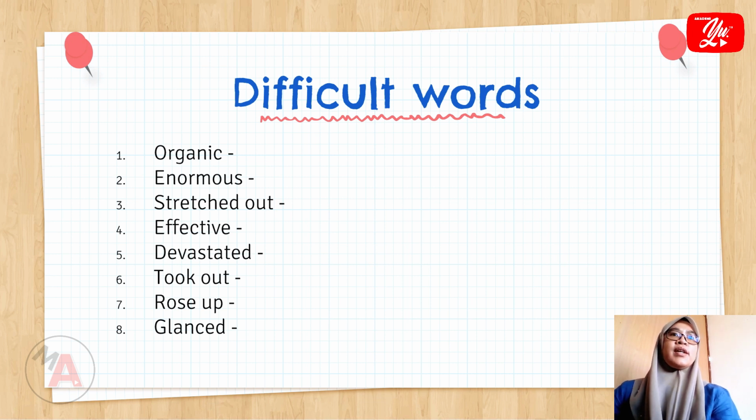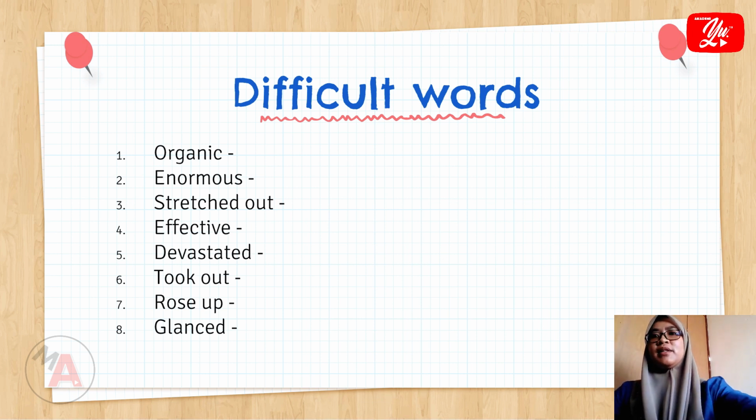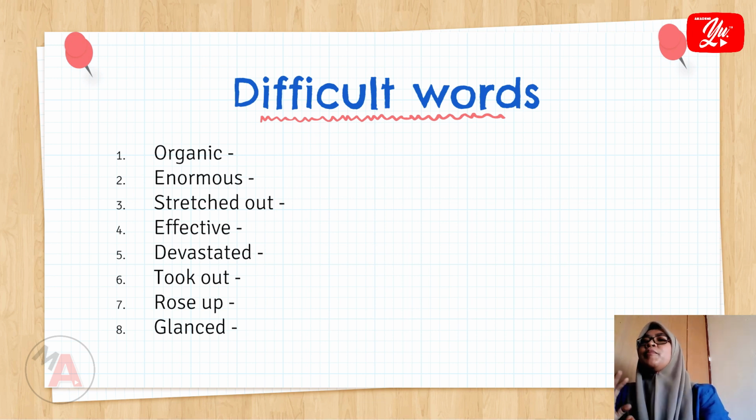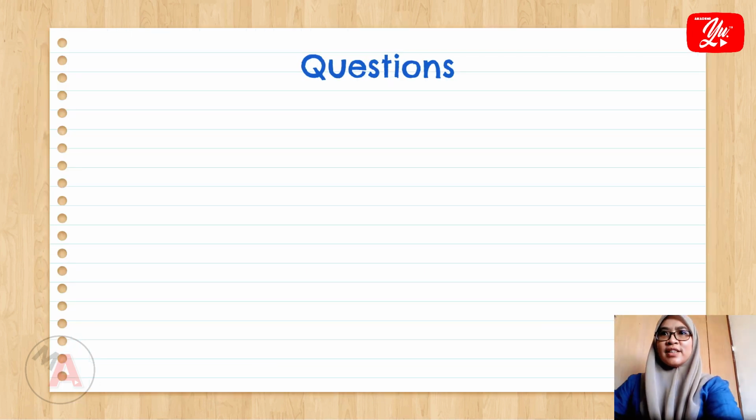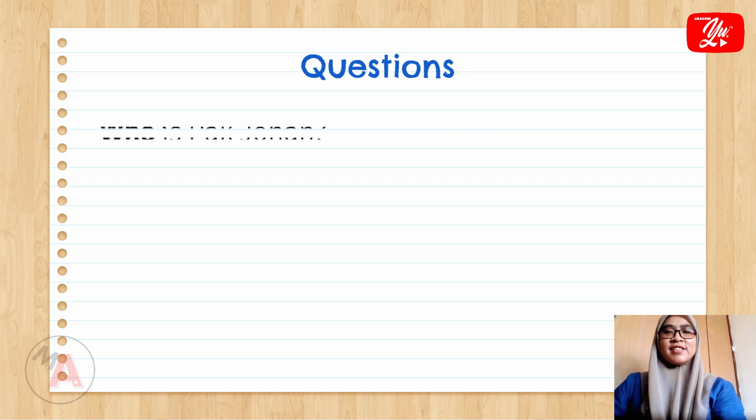Okay, so for example, organic. So what is organic? Okay, organic are something produced without using artificial chemicals. So organic ni benda yang natural, benda yang tak ada guna apa-apa bahan tambahan. Macam tu. So, try to find your answers and then write it in the Google form later. Okay? Alright, so let us look at the first question.